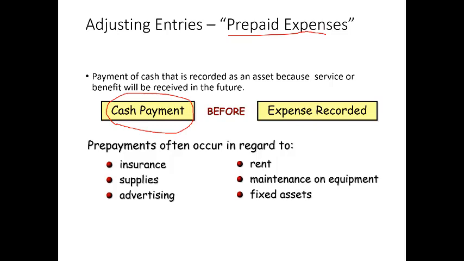One of the ones that you might not think about here with prepaid expenses is depreciation. So if you buy a building, for example, Krannert or any of these buildings that are around Purdue, you're paying for that up front and you're depreciating it over time. So you have a cash payment before the expense is recorded.